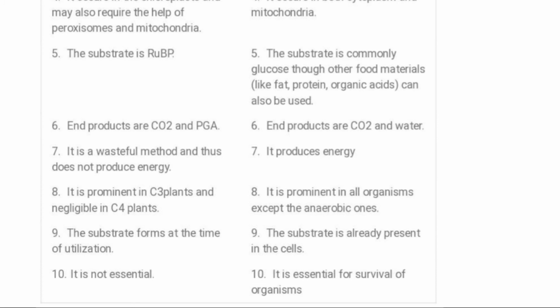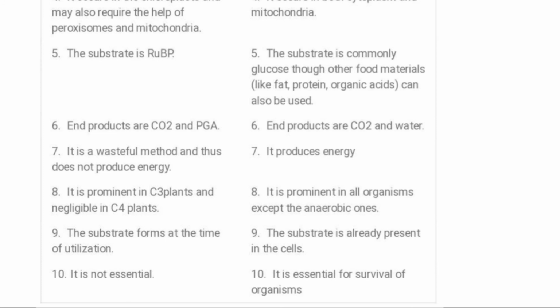We have seen that in the mesophyll cell, the first carboxylation takes place. CO2 is taken into the mesophyll cell with the help of the PEPCO enzyme, phosphoenol pyruvate carboxylase, but not the Rubisco enzyme.